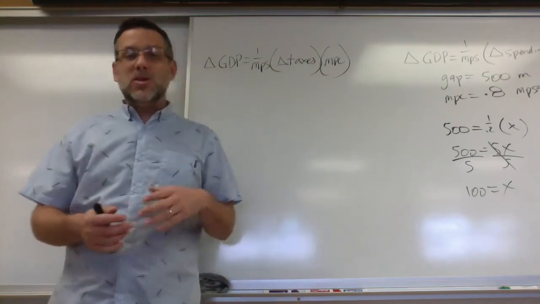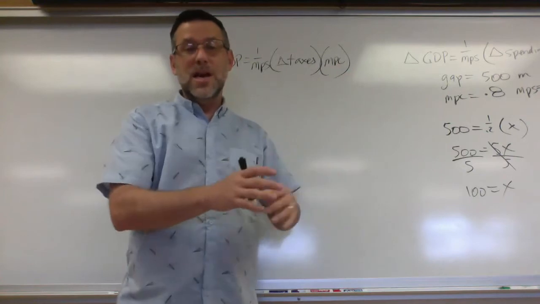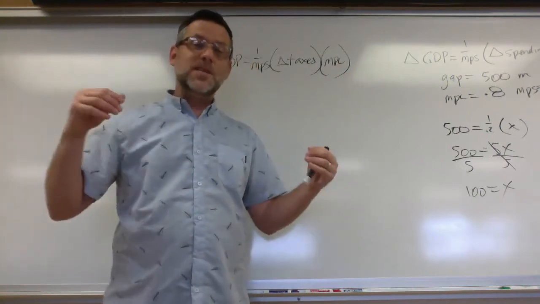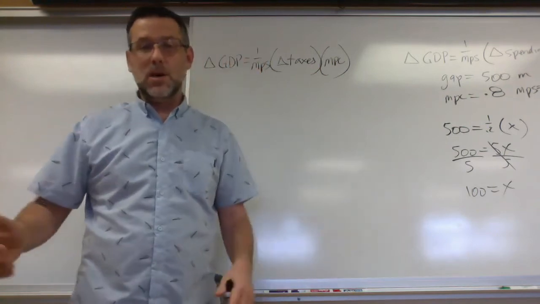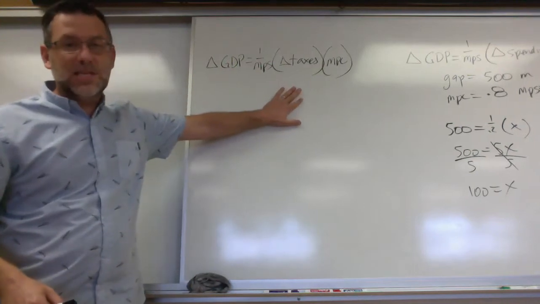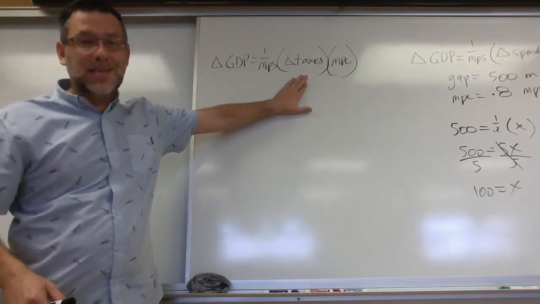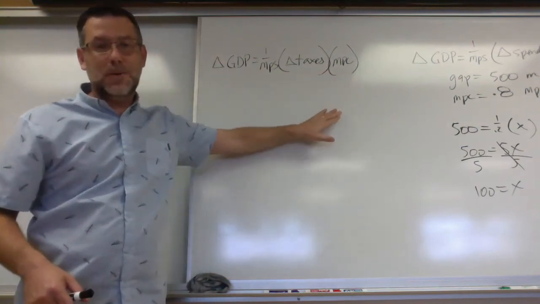So if I have to pay an extra $1,000 to the government, some of that's coming out of money that I would have saved, maybe 200. Some of it's coming out of money that I would have spent, maybe 800, depending on what the MPS and MPC are. So it's very similar to the spending multiplier. The only difference is when we have taxes, we have to take the extra step of multiplying times the MPC.